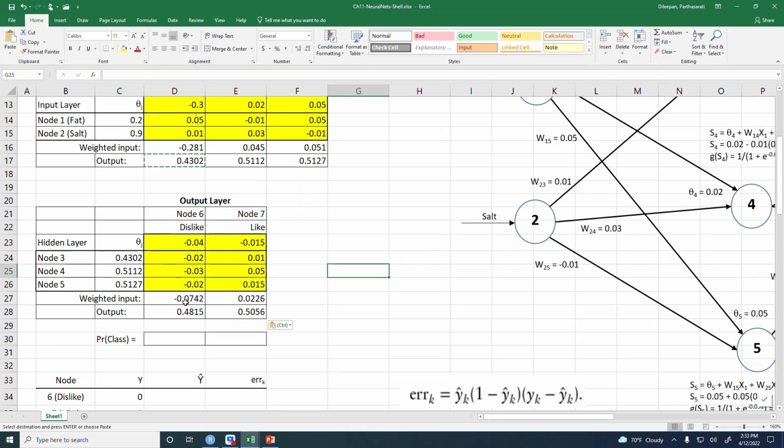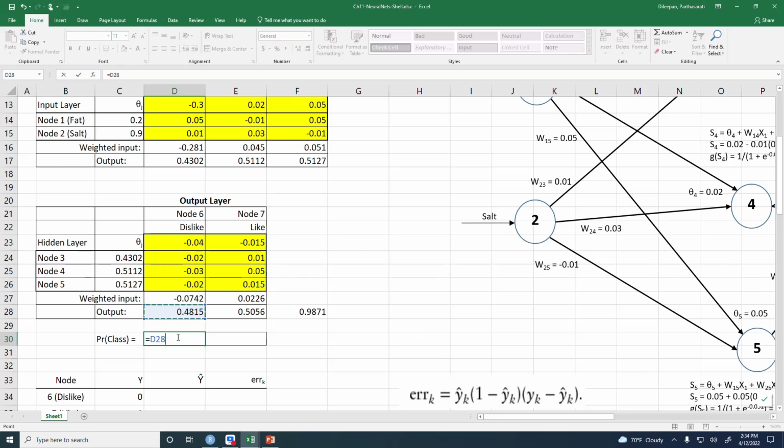So you need to normalize this, meaning that this should sum to 1. Right now there is no guarantee that these two will sum to 1.